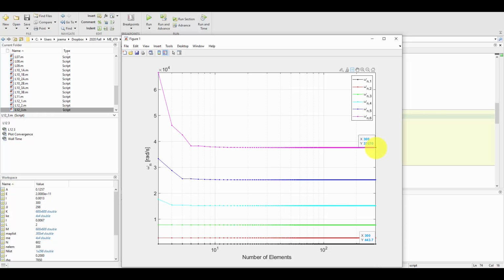We could go back further. We could probably go down to 100 elements. It looks like the 6th natural frequency has converged by then, certainly, maybe even with fewer. So 100 would be fine. 300 is seemingly going to be very good for going forward on this, that it's enough that we've seen convergence. Our results after the principal coordinates should be reliable.